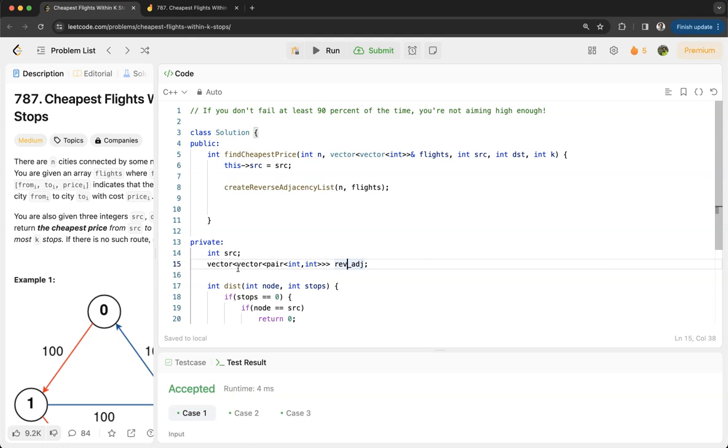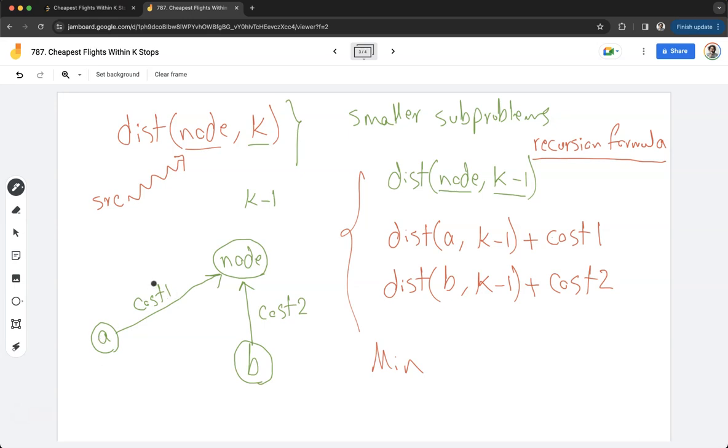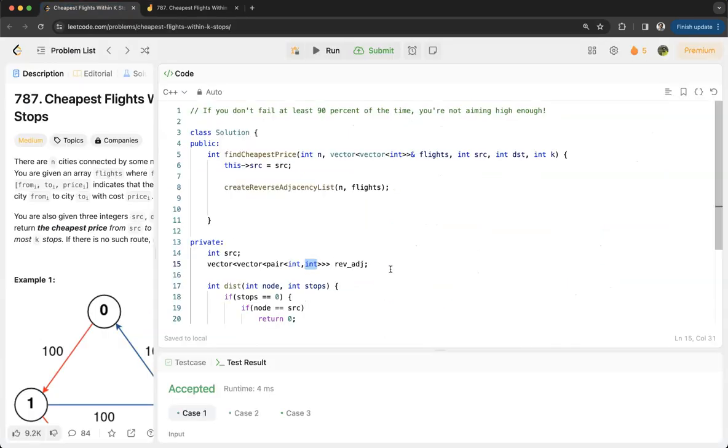Okay. So we have a vector of pairs of int and int. That means each node has a vector, and each member of that vector is a pair. One of them is the node, one of them is the cost. So if I go back here, A and cost 1, B and cost 2 will be saved in the reverse adjacency list of node.